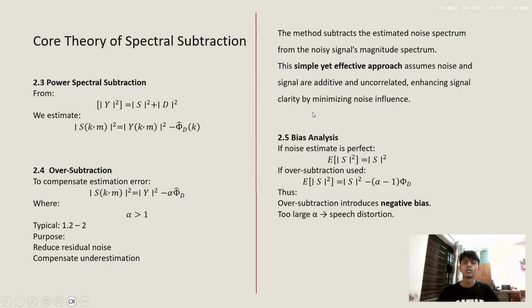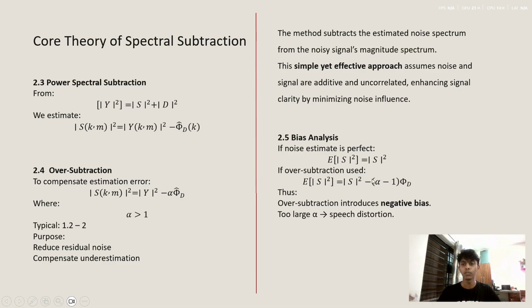So now if the noise estimation was perfect, we would have gotten the expectation of mod S squared as mod S squared. But since there is an underestimation, we'll have to consider this. Thus, it will give a negative bias equation, an over-subtraction negative bias equation.